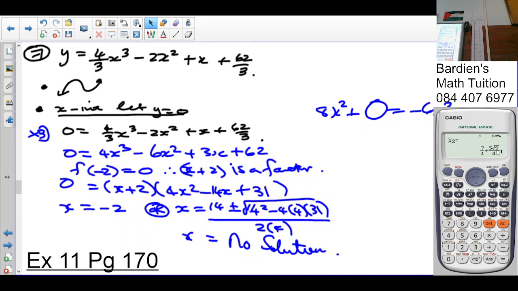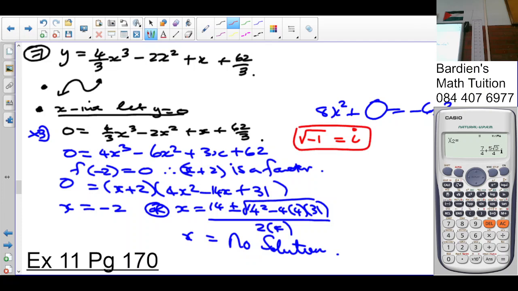Basically, if you see the I when you use the calculator, that I indicates that under the root is negative. And the root of negative 1 is i, basically. So more about that next year. Okay.